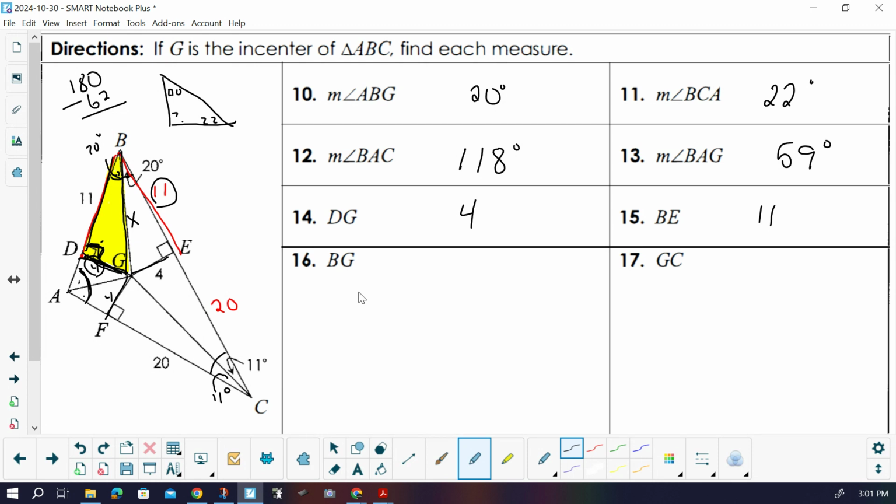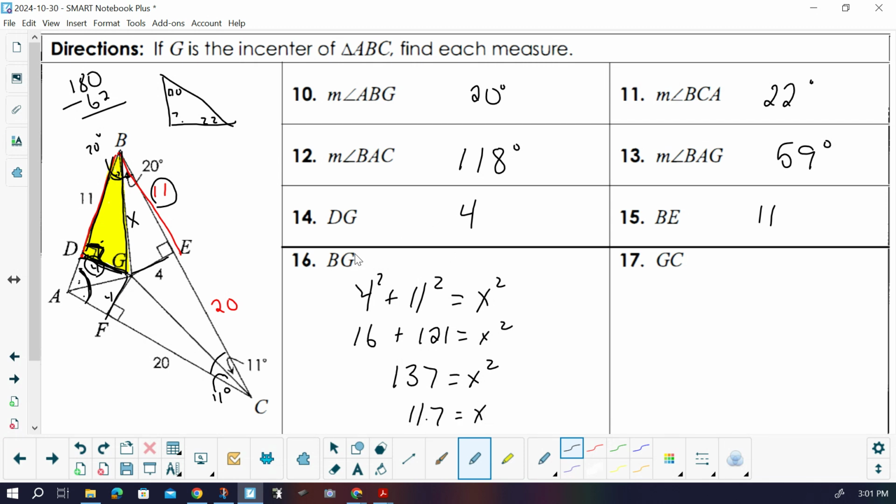So we're going to do 4 squared plus 11 squared equals x squared to find BG. 4 squared is 16. 11 squared is 121. 16 plus 121 is 137. Take the square root of both sides, and I get 11.7 when I round it off. So BG is 11.7.